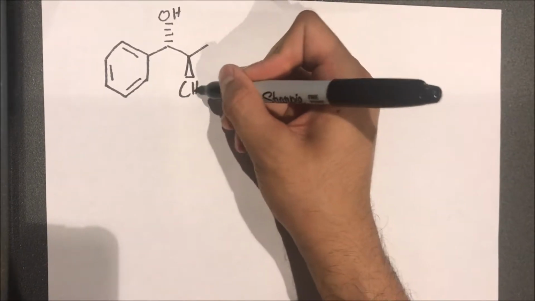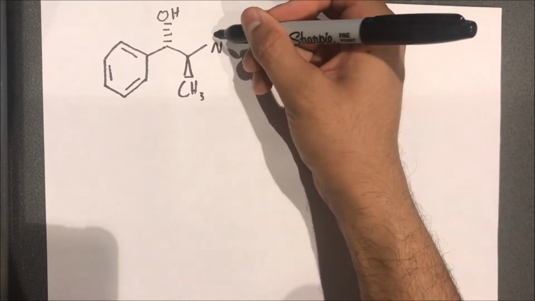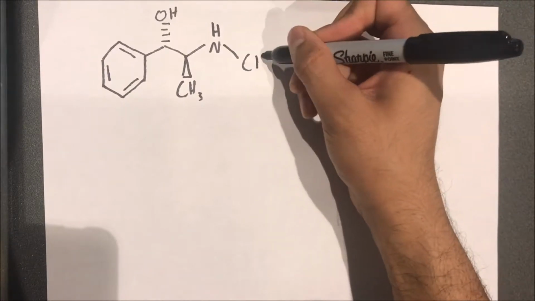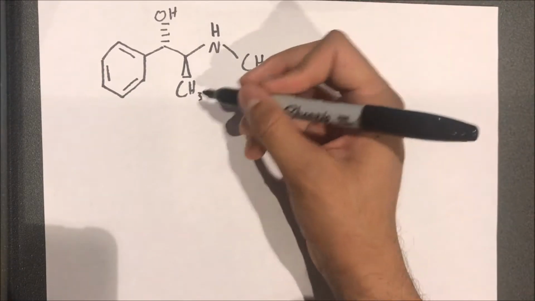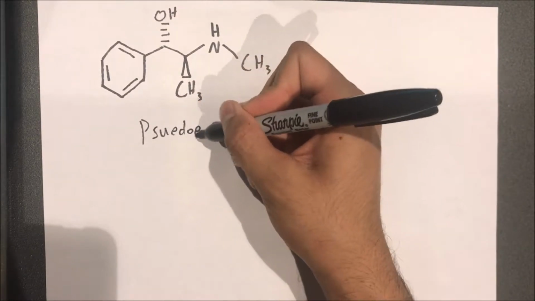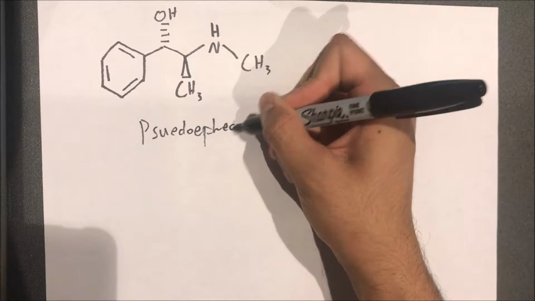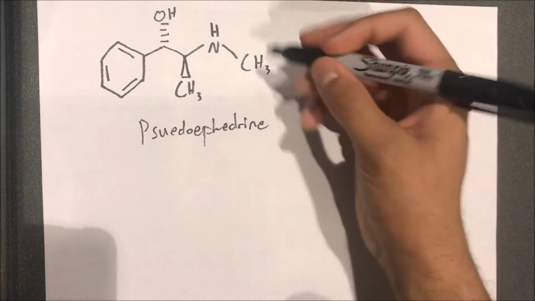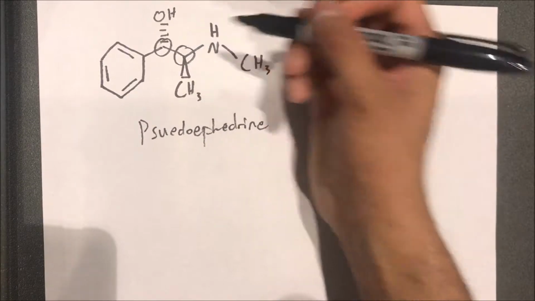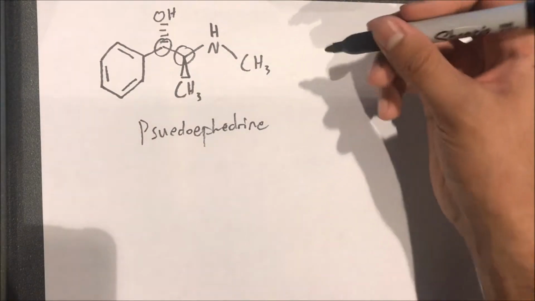And off of here is a methyl group. And then there's another methyl group. So this is pseudoephedrine. And there are two chiral carbons in this molecule, so these are the two locations of it.